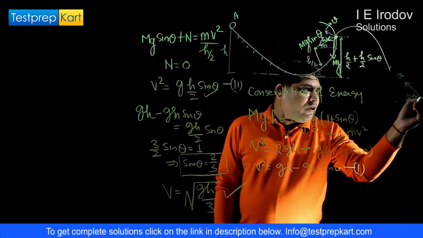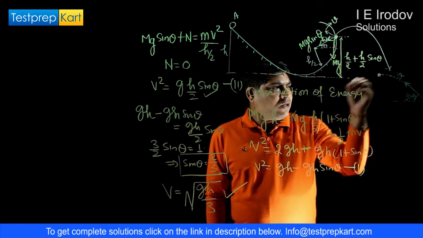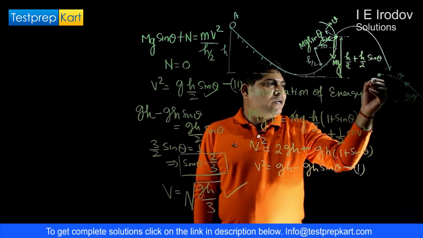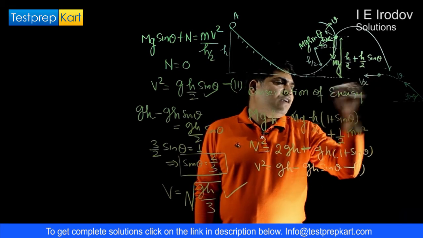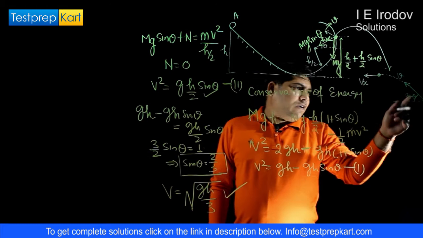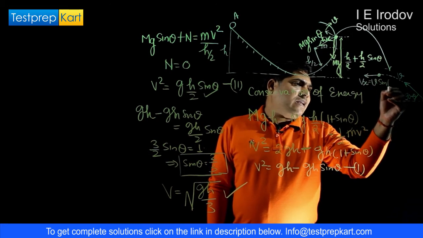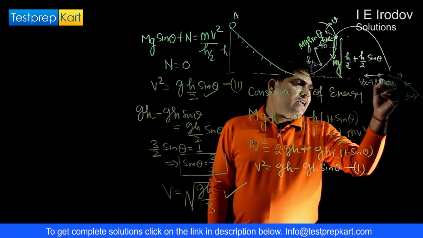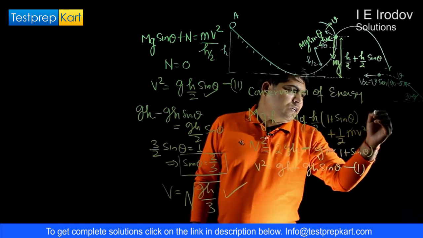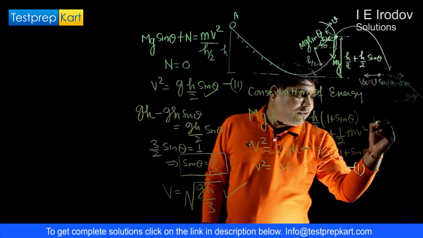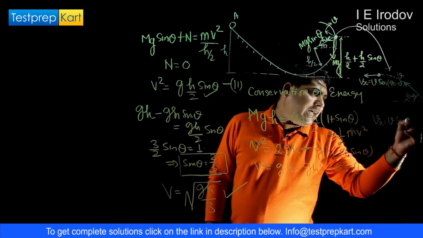If we follow the path of this object, then at maximum height there will be no vertical velocity component, only the horizontal component Vx will be there. From here you can see Vx is equal to V cos of (90 minus theta), because it is the horizontal component, which is equal to V sine theta.